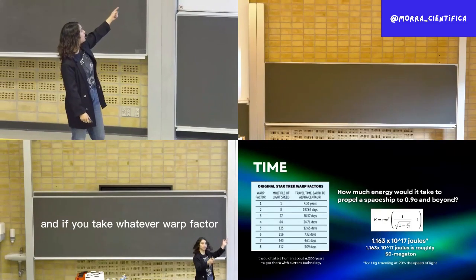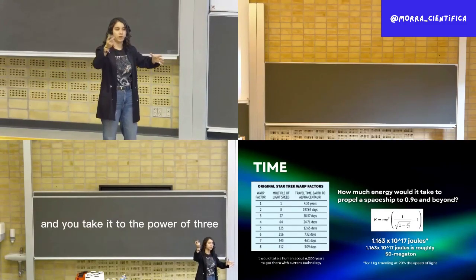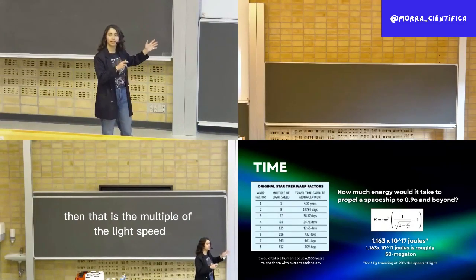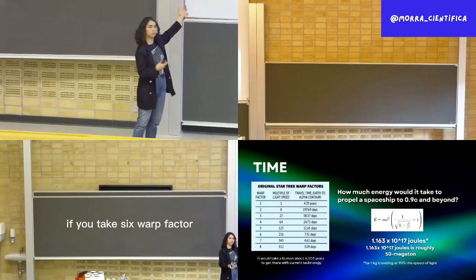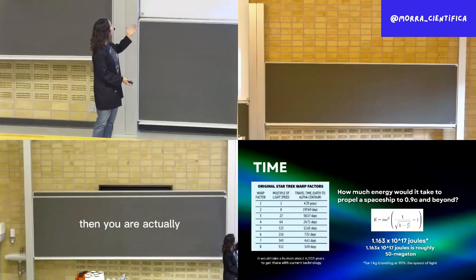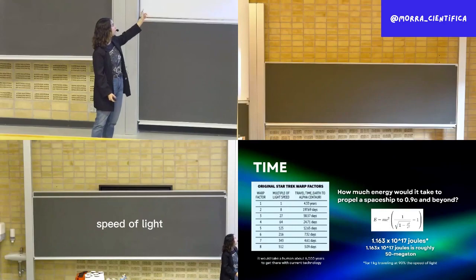If you take whatever warp factor and take it to the power of 3, that is the multiple of the light speed. For example, if you're traveling at warp factor 6, then you are actually traveling at 6 to the power of 3 times the speed of light.